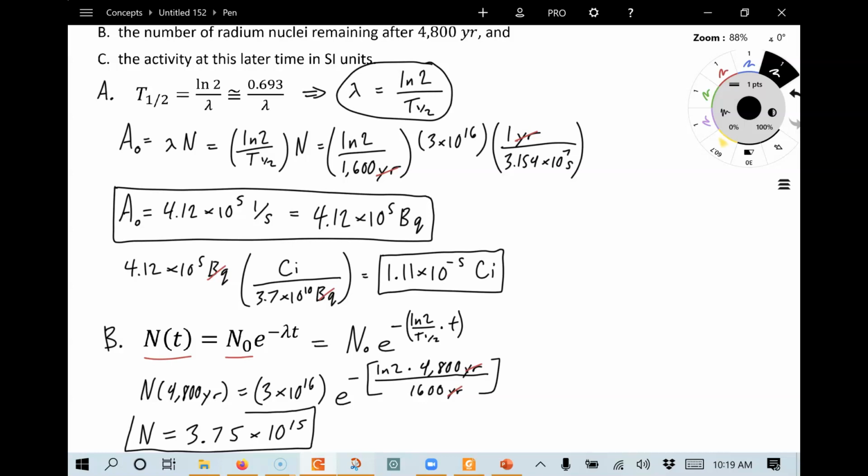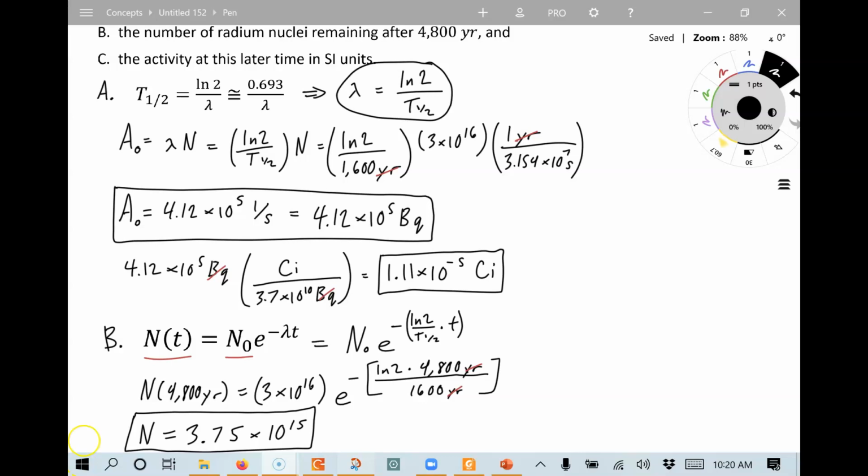Now you may have noticed that 1,600, 4,800, well, that's a multiple of 3 half-lives. So in a sense, we could say that we've divided the number by 2 three times to get this value also. But the equation always works, and a lot of times you don't get the exact number of integer half-lives, so you've got to just use the equation anyhow.